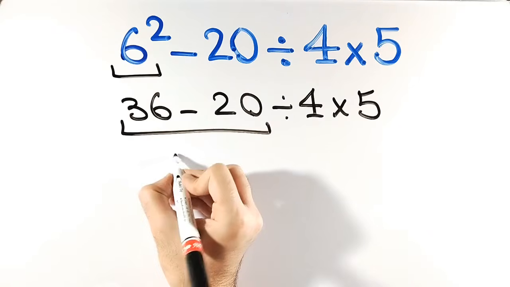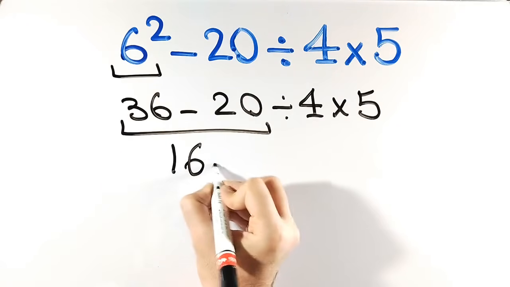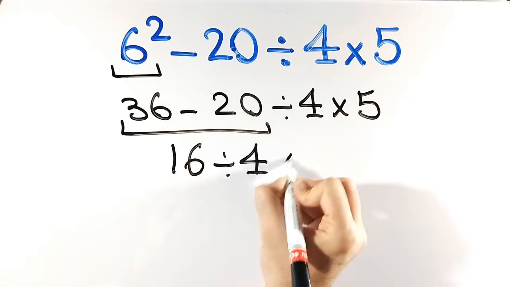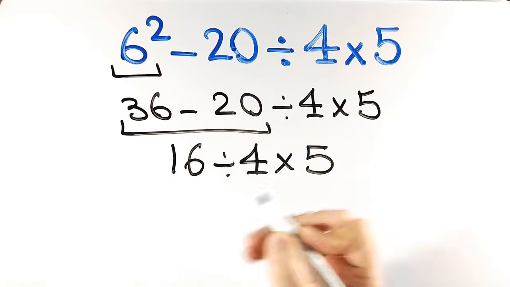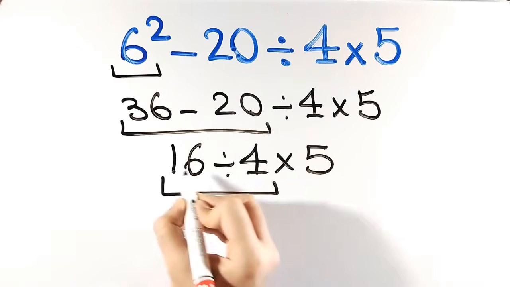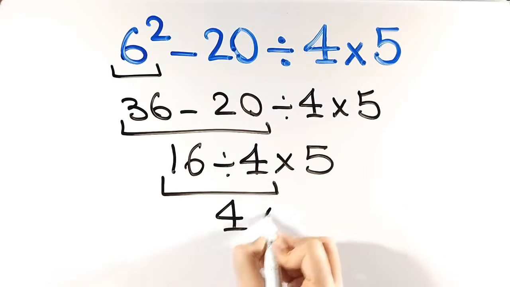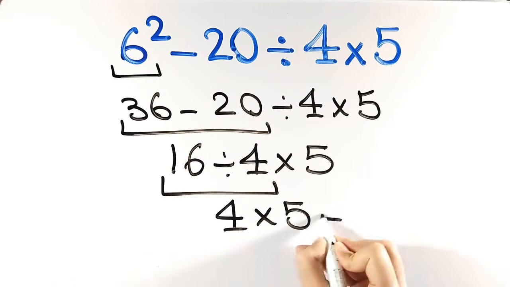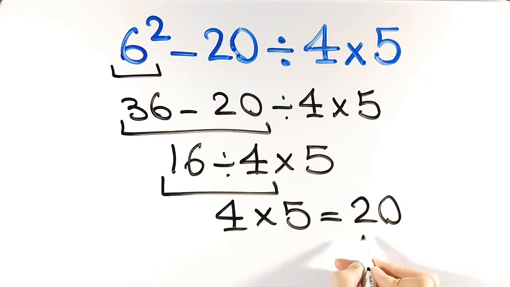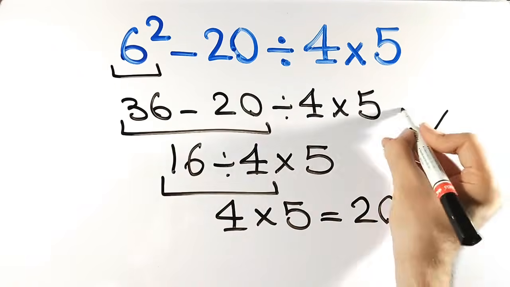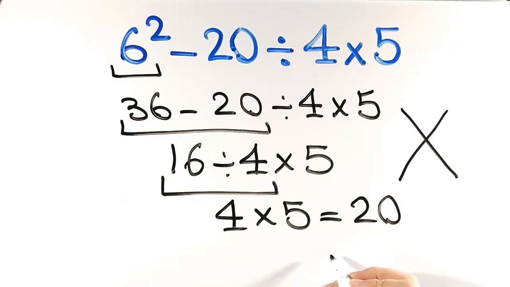And instead of this equation, they write 16 divided by 4 multiplied by 5. Then they go for the division between 16 and 4 and write this equation as 4 multiplied by 5, which finally gives them the answer 20. However, it's not the correct answer to this question.